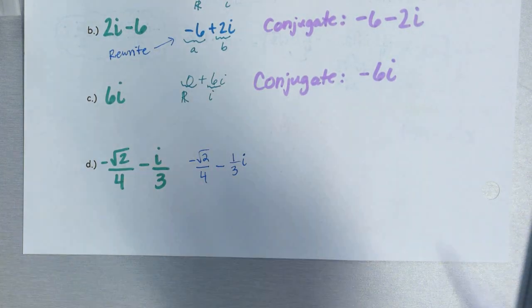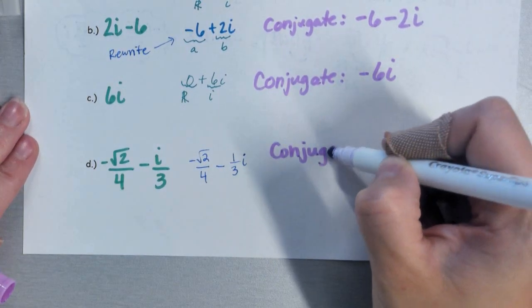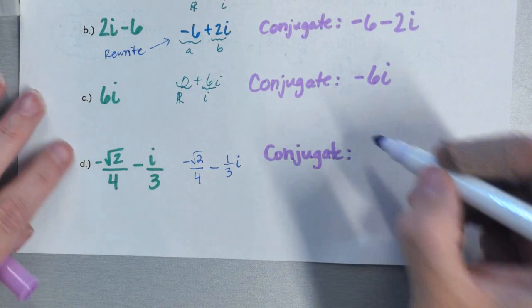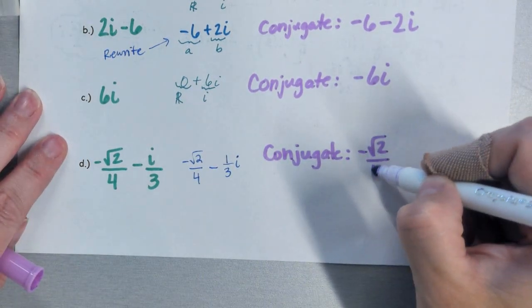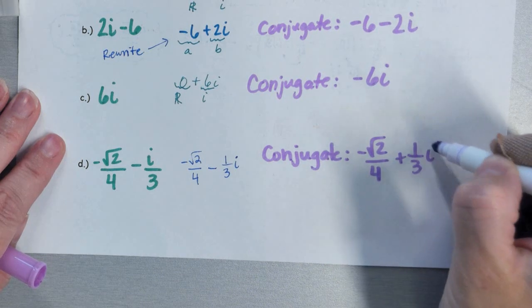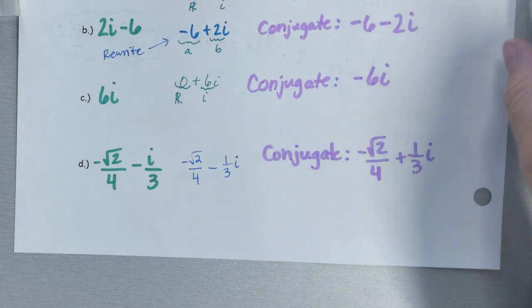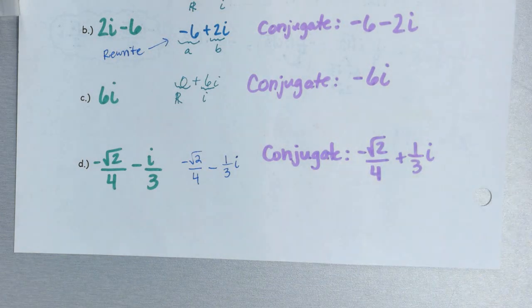And so using our same pattern, even though there were some fractions and some radicals in there, it's the same process. That first value stays the same, and then this is going to be plus 1/3 i. And if you put plus i over 3, that's fine. I just want you to practice rewriting it so that you can see the coefficient.